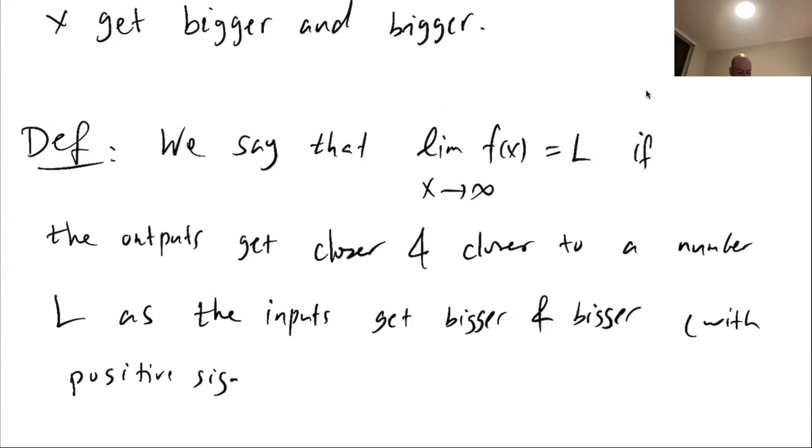So for example, if the input becomes 10, how much is the output? Then let's say the input becomes 100, how much is the output? Then the input becomes 1000, how much is the output? And so on.